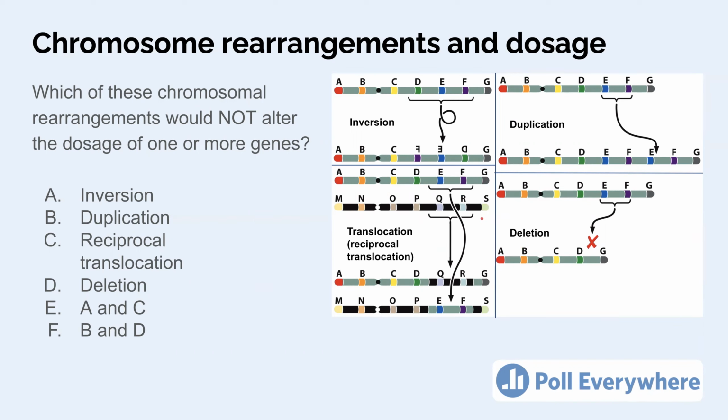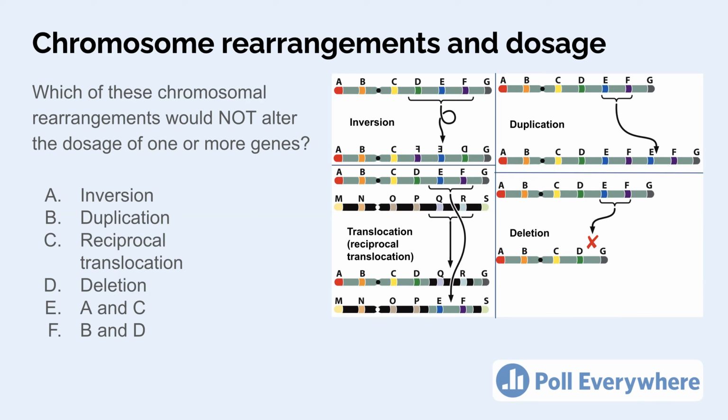So let's maybe just take one of these at a time. So this inversion here, this takes the DEF region and flips it around. So it's going FED. The genes look backwards. But if you remember, of course, the DNA is anti-parallel, so it's got two strands, and it can be read either way.